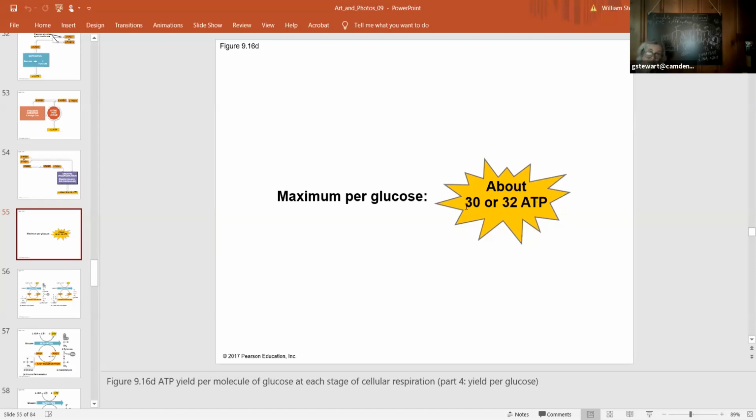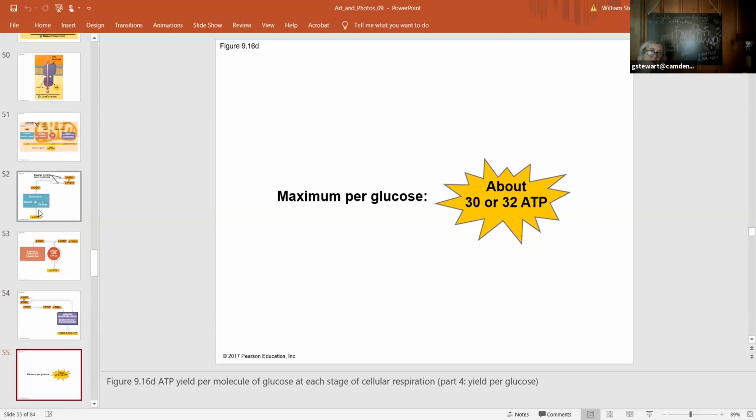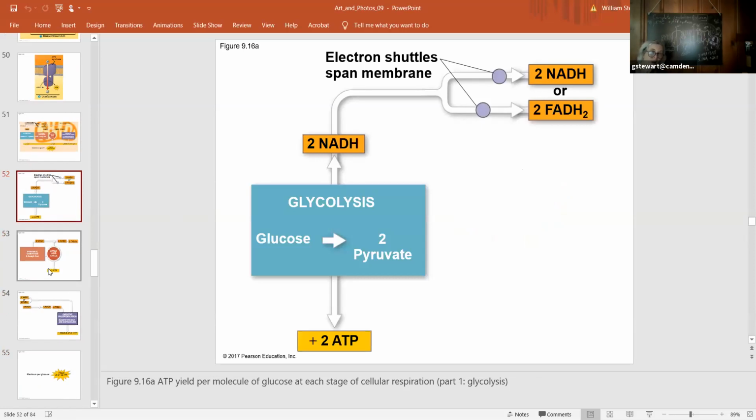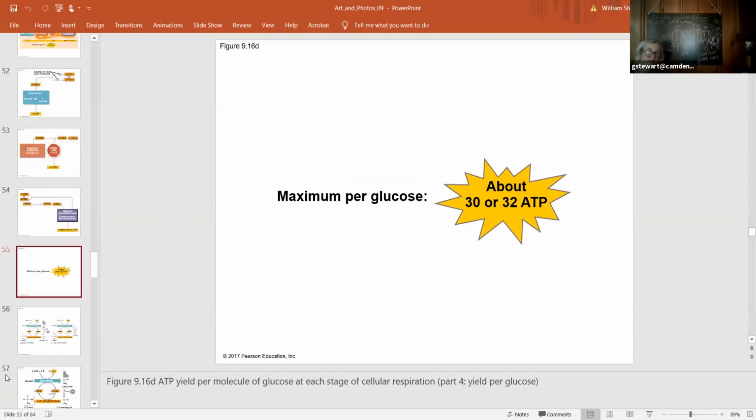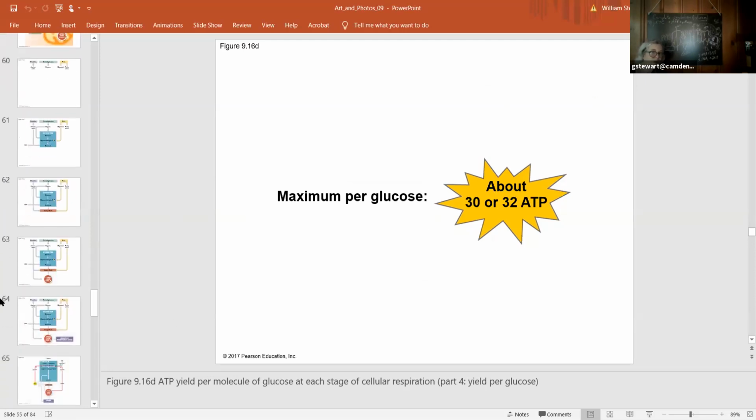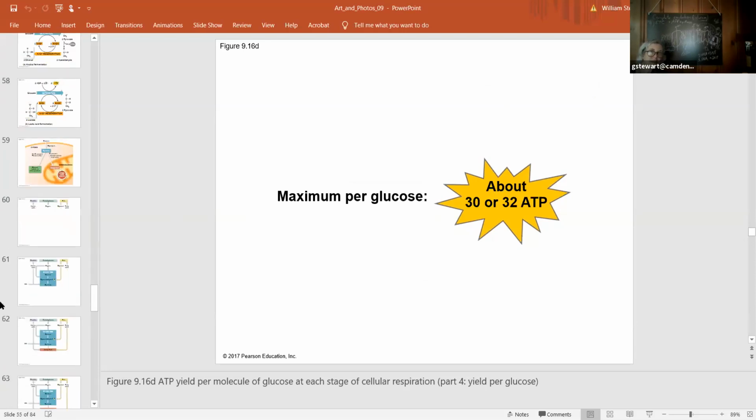For our testing purposes, we're going to account for all 38 ATP. That's the magic number for us, 38. When you go to anatomy and physiology and they teach you 34 or 32 or 30, then learn that number there, right? But for our purposes, we're going to go through how we get all 38.